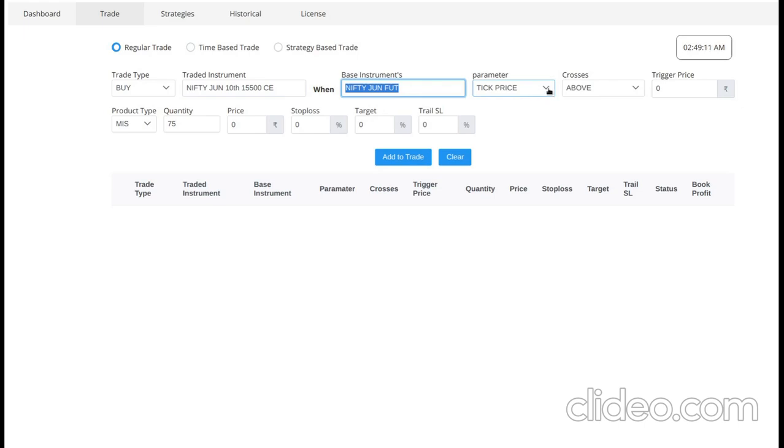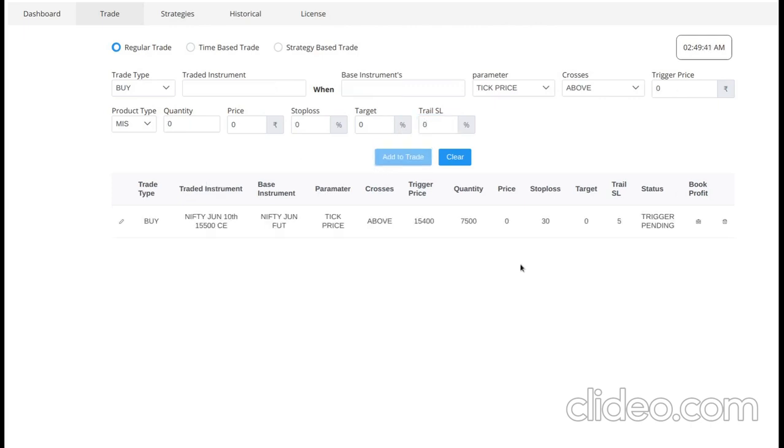I just want to buy this 15,400, and let's say I want to have it as a market order, and then the stop loss is 30%, and I don't want to have a target, but I want to have something like a 5% add to trade.